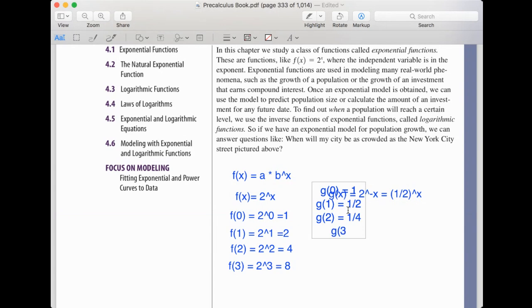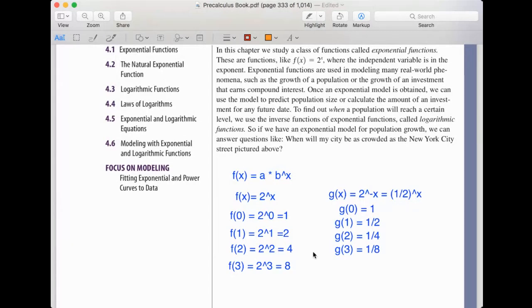G of 3 is half cubed, which is 1/8. Each time it is being halved: half of 1 is half, half of a half is a quarter, half of a quarter is 1/8, and so on. In statistics, we call this doubling time, and this is halving time. Both are exponential functions.